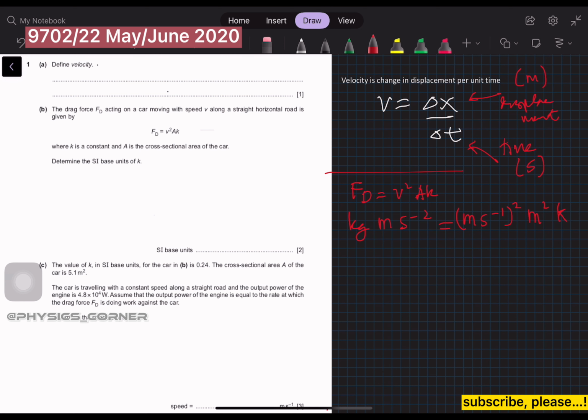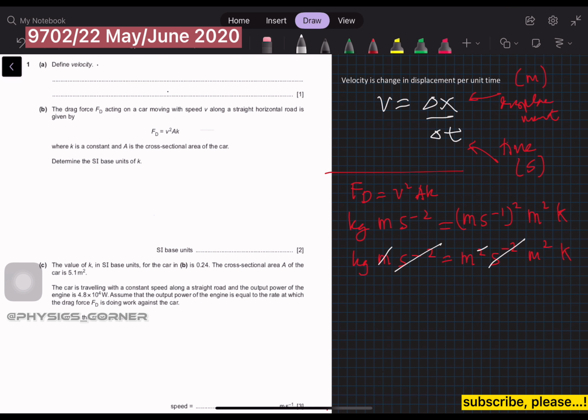So maybe we expand this equation first: meter squared second to the power minus 2, and meter squared also, times k. So maybe we can cancel one meter, and also the second to the power minus 2 we can cancel.